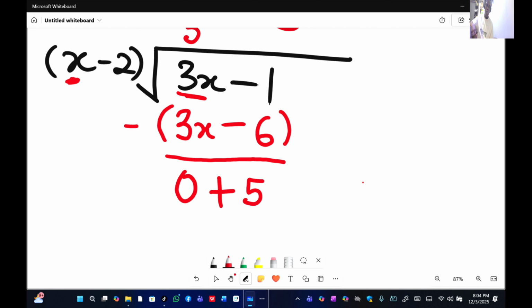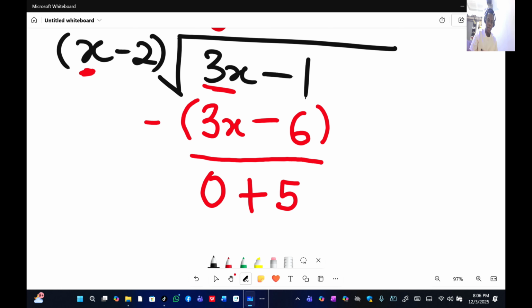Now you could see that what we have here is 0 plus 5, so we are getting a remainder of 5. Now you could see that 5 can be written as x exponent 0 multiplying 5, which is the same as 5.